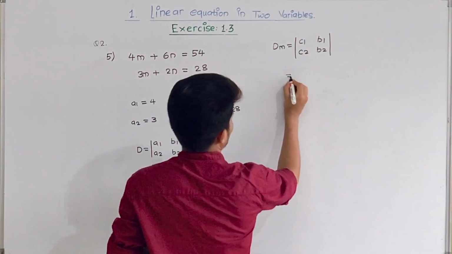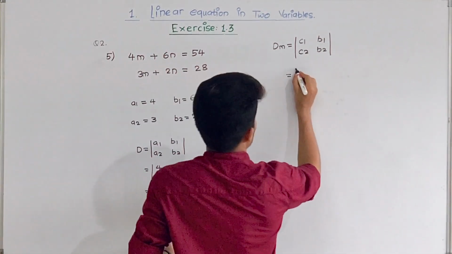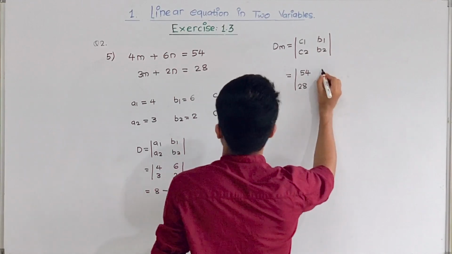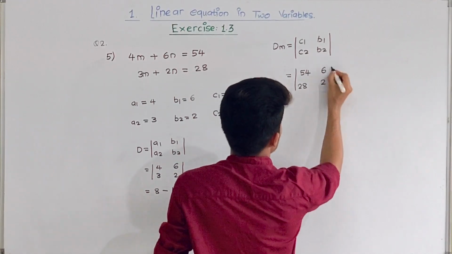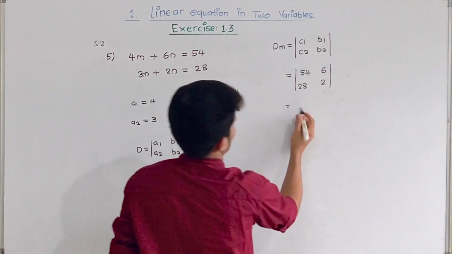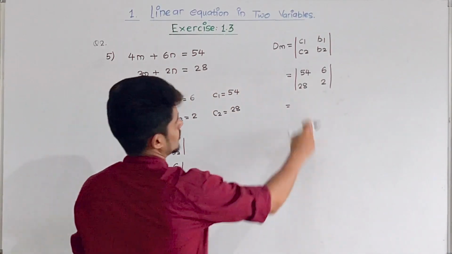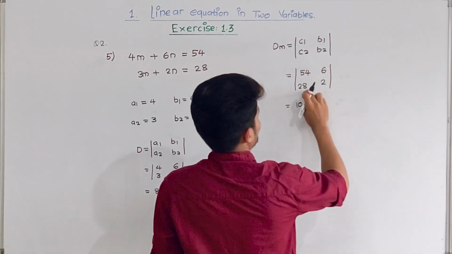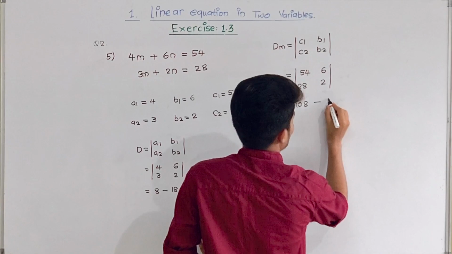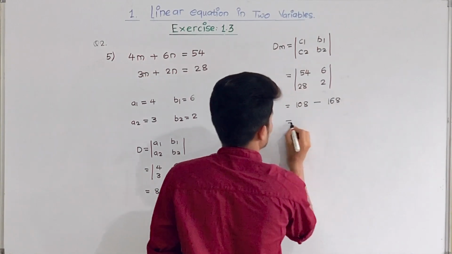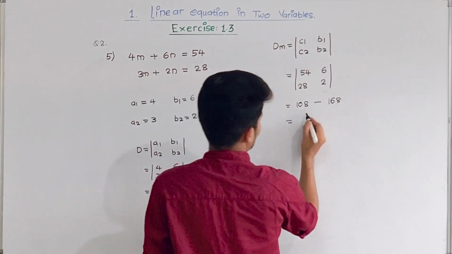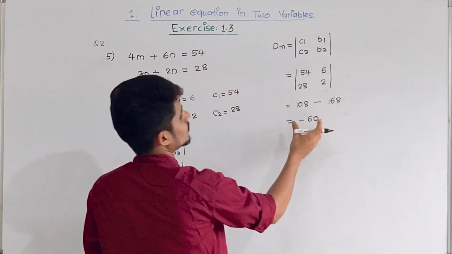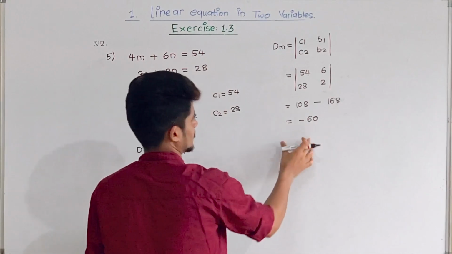Now we'll substitute the values. c1 is 54, c2 is 28, b1 is 6 and b2 is 2. Cross multiply and subtract. 54 into 2 is 108 minus 28 into 6 is 168. So by subtracting we get the answer as minus 60. So the value of dm is minus 60.